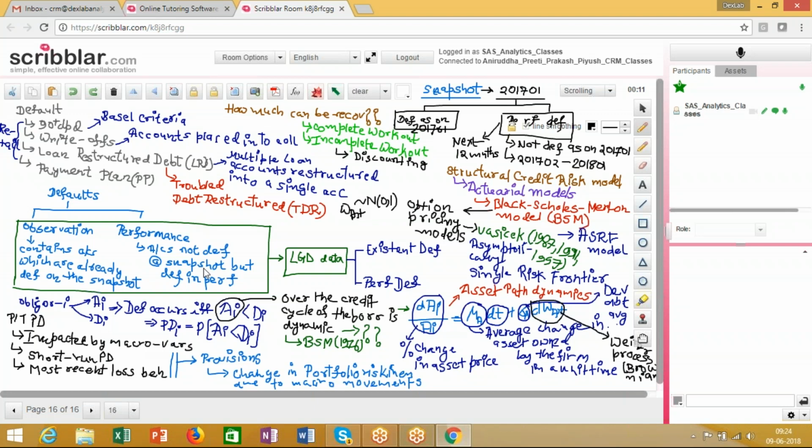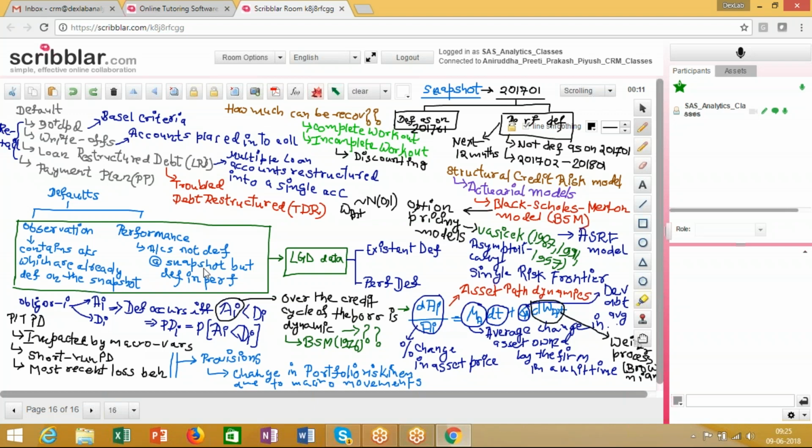In the structural credit risk model framework, this genre of models has been borrowed from actuarial models like option pricing, derivative pricing, and so on.